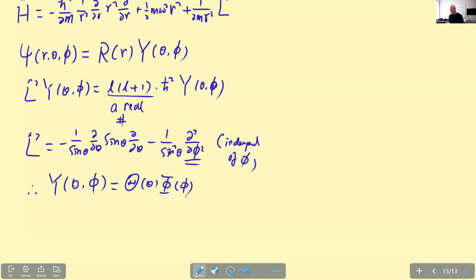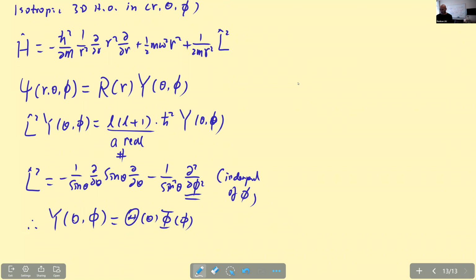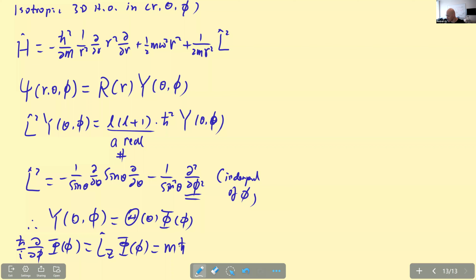Okay, so it turns out that the solution. Now you can have h bar over i partial phi acting on this one, that equals Lz acting on the phi function. Say I can write this as another number m times h bar. This m is again a dimensionless real number, right?